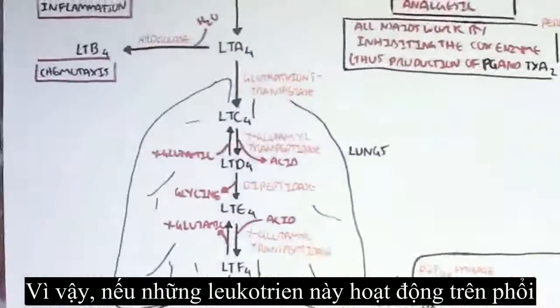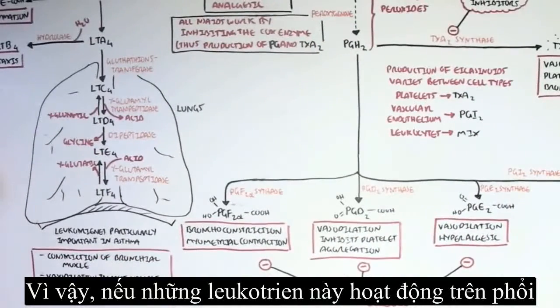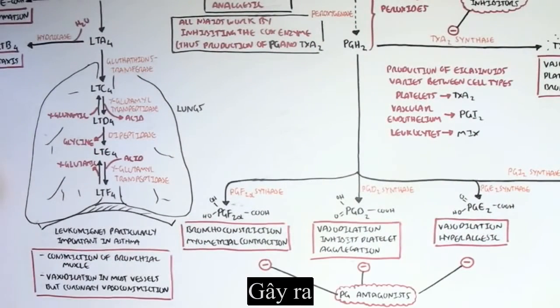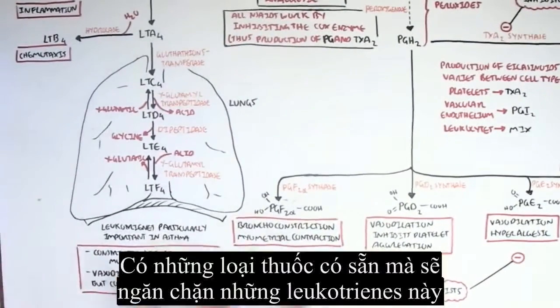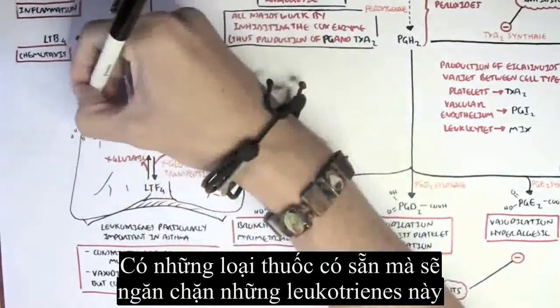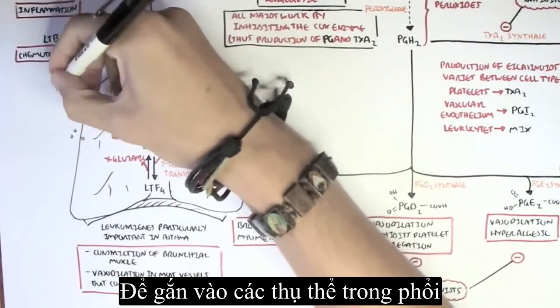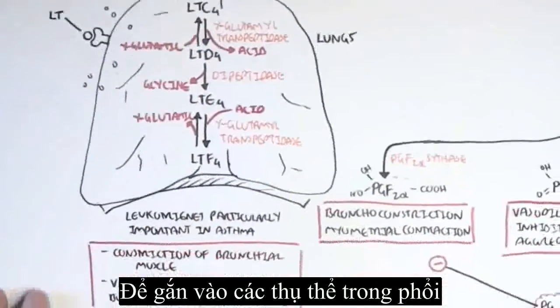So if these leukotrienes work on the lungs to cause bronchial constriction and therefore this asthma effect, there are drugs available that will prevent these leukotrienes from attaching to the receptors within the lungs.